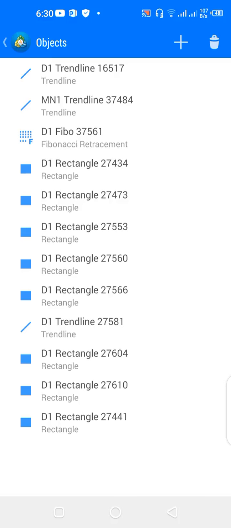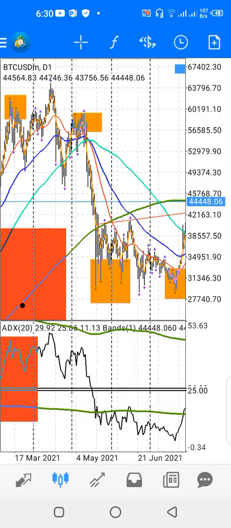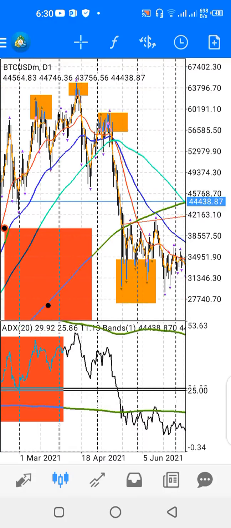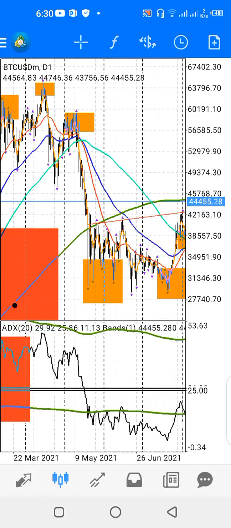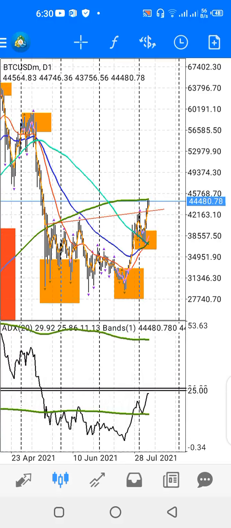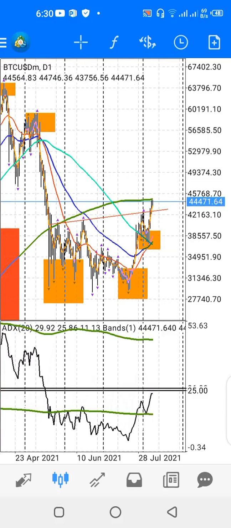Okay, we can see what happened. Price came down, so we expect a reversal. This is the daily time frame for BTC USD, so we expect a reversal. Price may be going up.